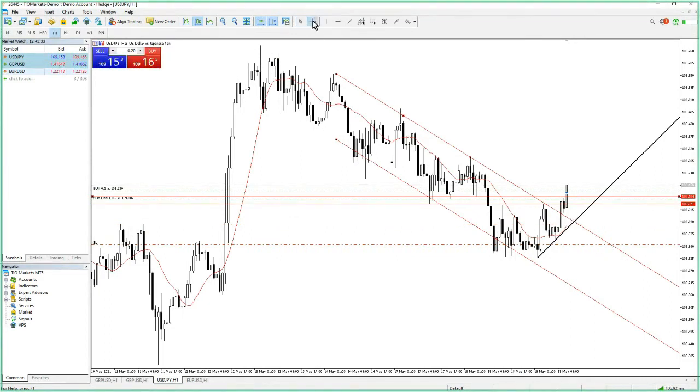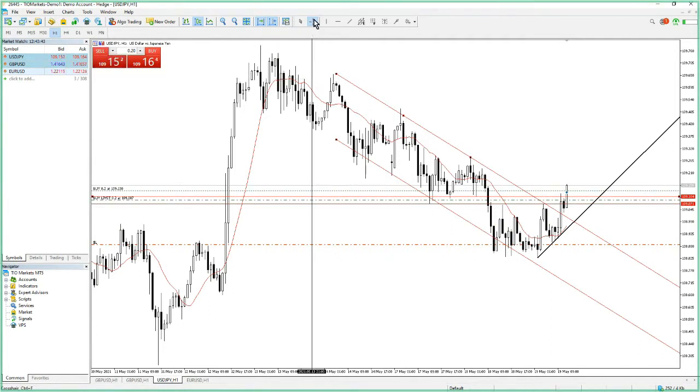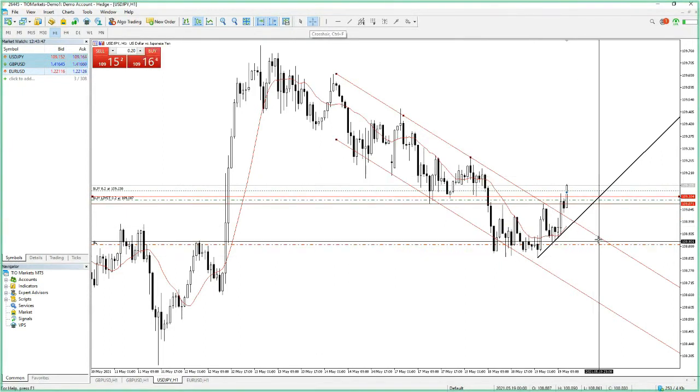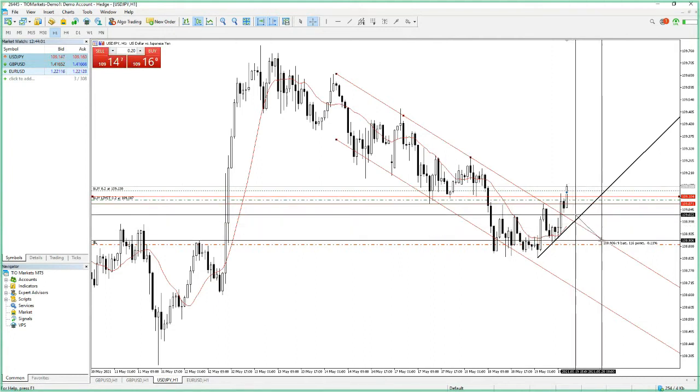And you can always use one very useful feature in MT5 and MT4 too, but especially in this platform. If you choose this crosshair tool and you think, okay, I'm going to place an order here, how much am I risking? I can do that calculation very quickly if I just drag down from there.